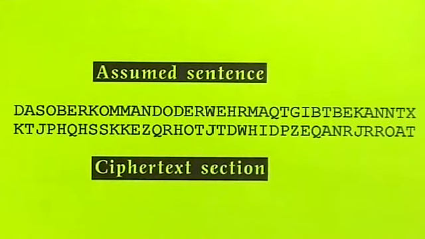The assumption that the intercepted and encrypted row of letters stands for the sentence Das Oberkommando der Wehrmacht gibt bekannt is correct with a probability bordering on certainty. The proof is that not a single one of these 38 letters has been encoded in itself. Coincidence is extremely unlikely here.